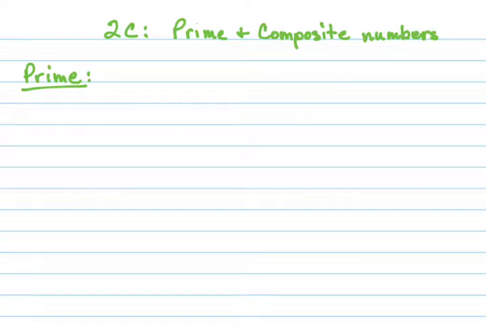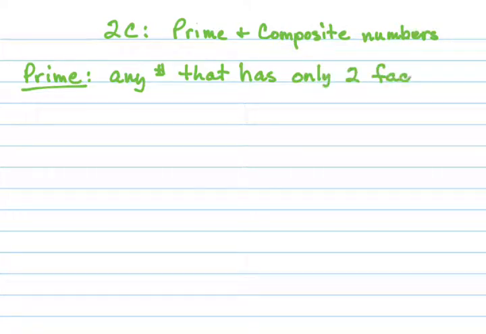A prime number is any number that has only two factors. And those factors are 1 and the number itself.